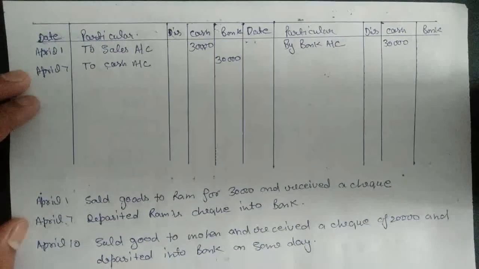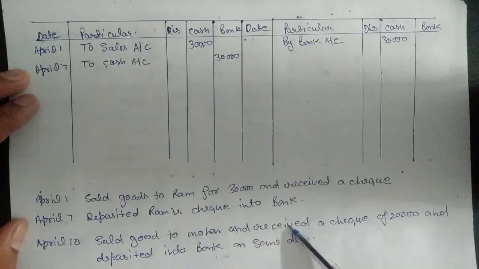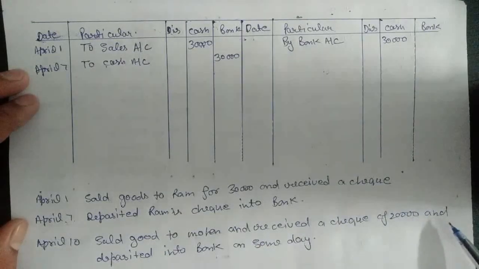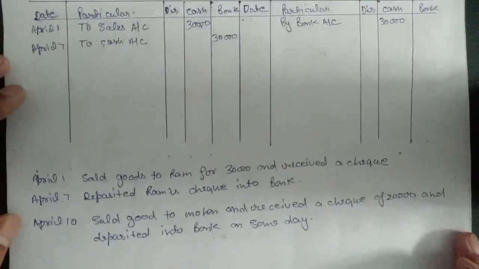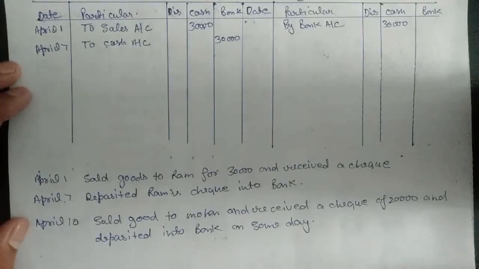The next entry is: sold goods to Mohan and received a check of 20,000 and deposited into bank on the same day. In this question they clearly mention that the check we are receiving from Mohan, we are depositing into the bank on the same day.